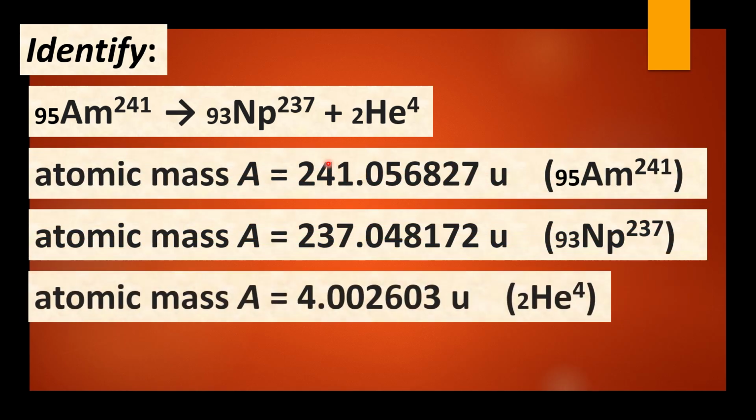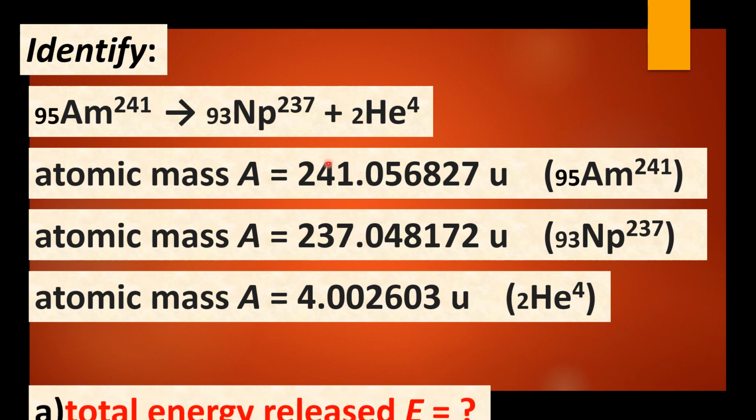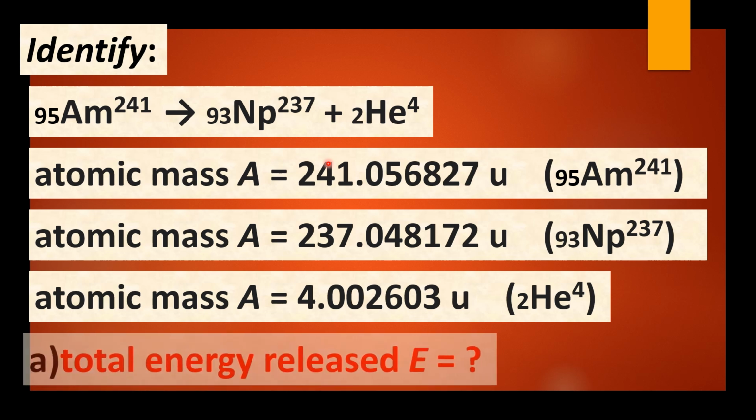Given the atomic masses of the nuclides involved, we are to determine the following quantities. Letter A, the total amount of energy released in the alpha decay process.